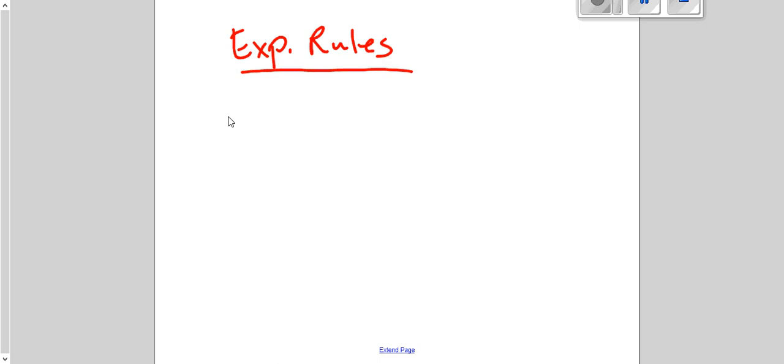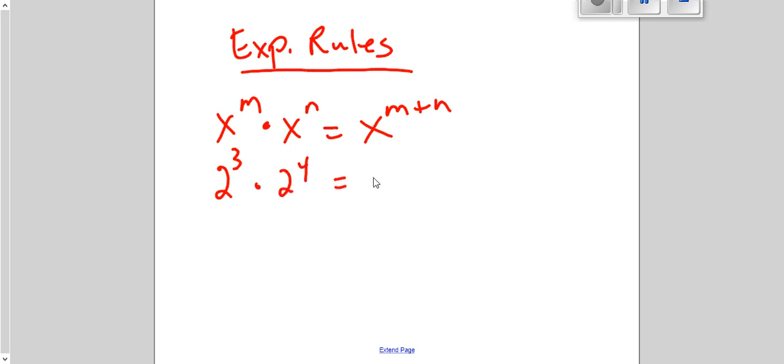We know that if the base is the same and we're multiplying, then we add our exponents. So if I had 2 cubed times 2 to the 4th, that would be equal to 2 to the 3 plus 4, which is 7.